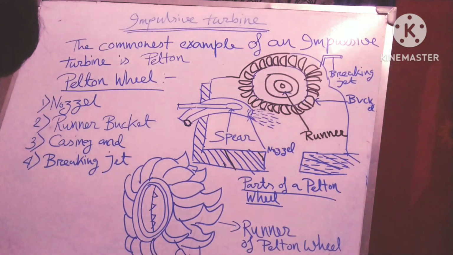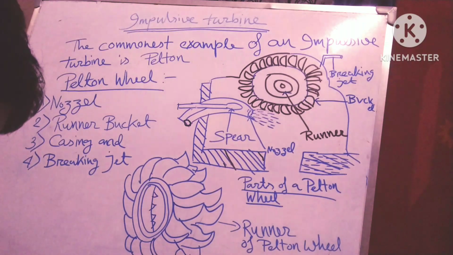The jet of water impinges on the bucket with high velocity. After flowing over the vanes, it leaves with a low velocity, thus imparting energy to the runner. The pressure of water both entering and leaving the vanes is atmospheric. The commonest example of an impulse turbine is the Pelton wheel.